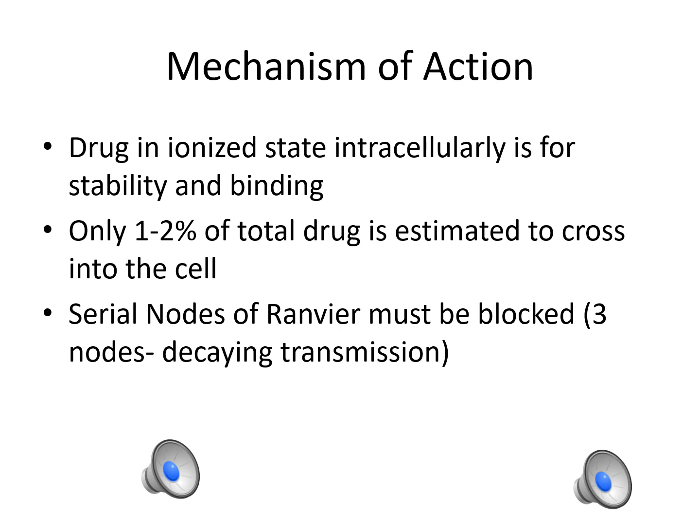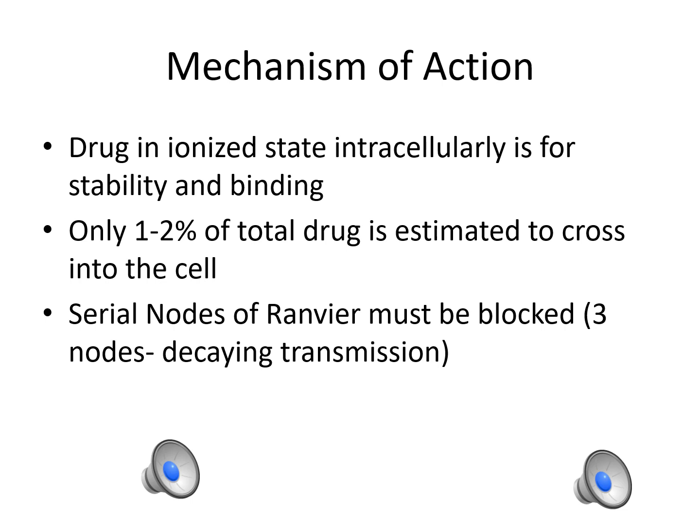Another important concept to know is the nodes of Ranvier and what must be blocked. So if a nerve is myelinated, it has nodes of Ranvier. In order to decay or stop the transmission of a signal, 3 nodes or more need to be blocked. If it's less, the impulse may jump over the site that's affected by local anesthetic and continue.